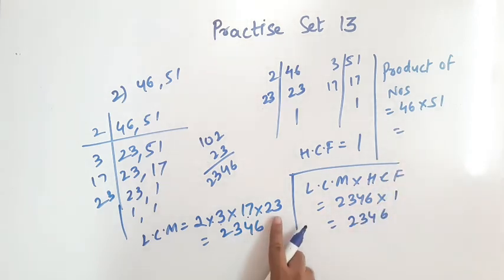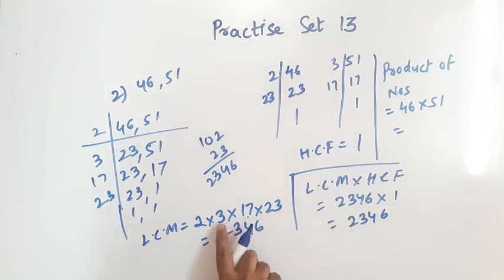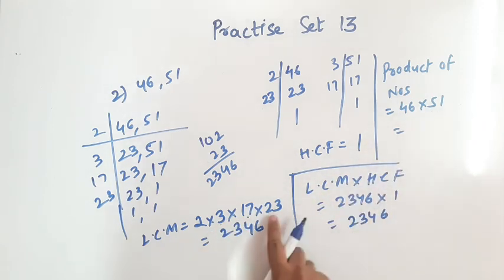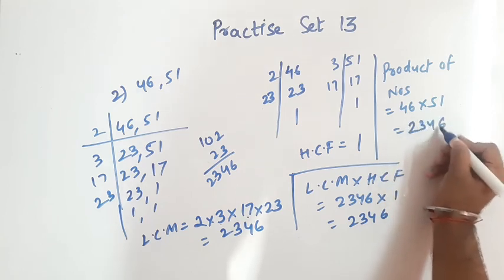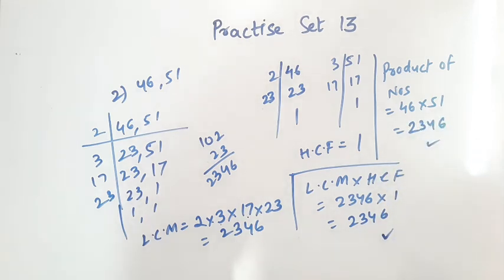If you see, children, 23 2s is 46 and 17 3s is 51. So we are actually multiplying all these 4 numbers. So it is going to be 2346. So both are correct.